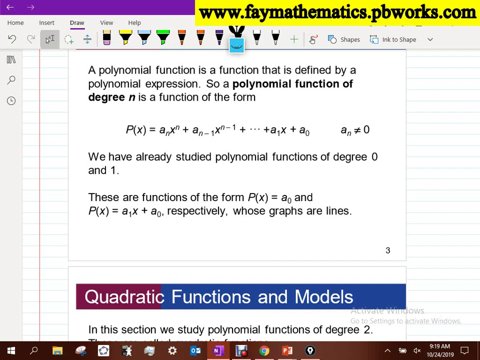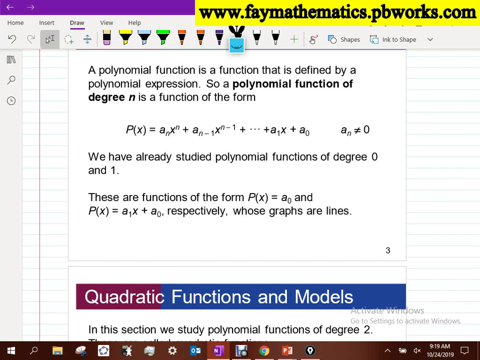This is the coefficient that goes with the term x to the n minus 1. So these subscripts are just a link between the coefficient and the actual variable exponent. There's no algebra being done with them. They're identifiers.